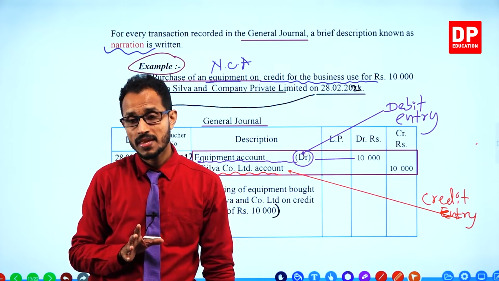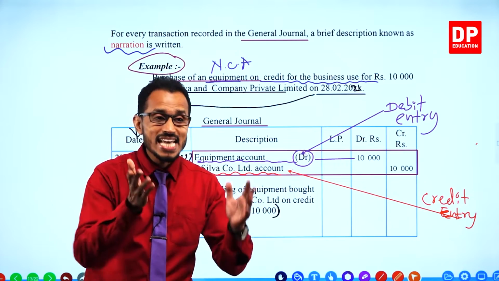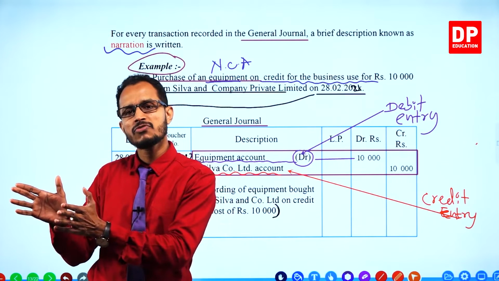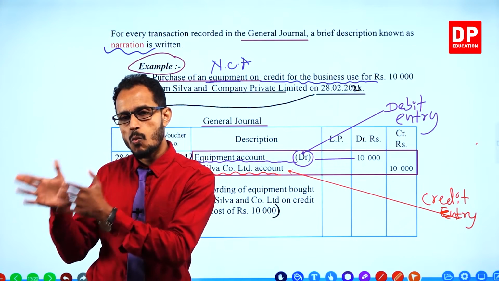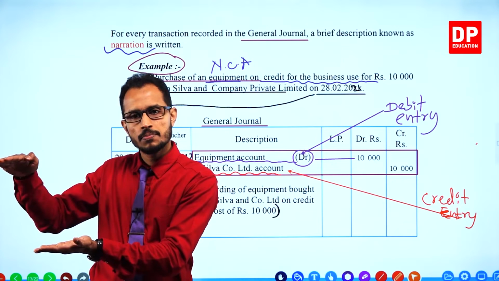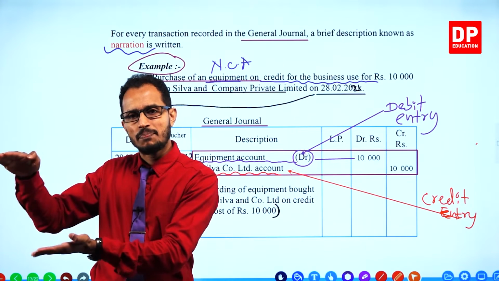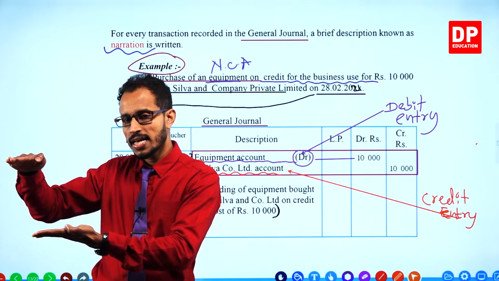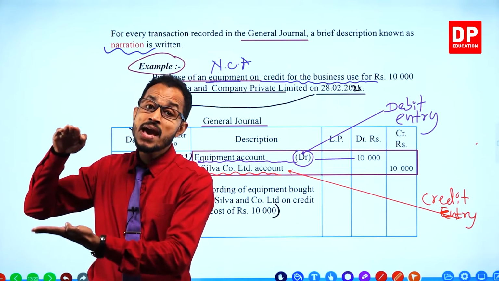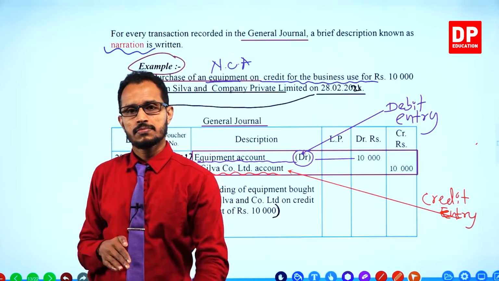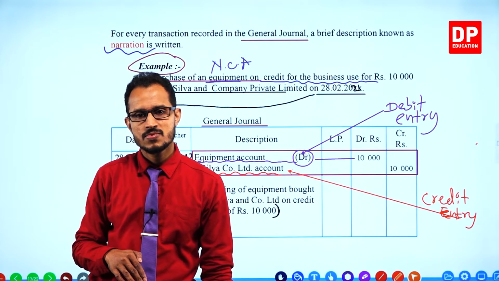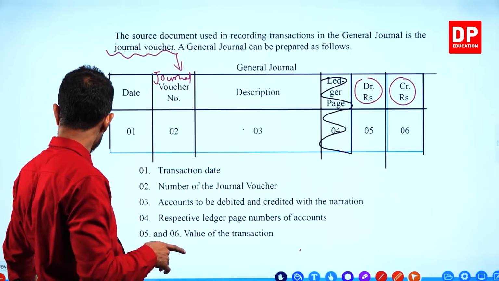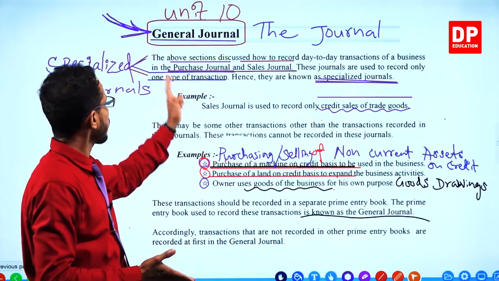Because it is important to segregate or categorize the same type of transactions in one place or in one book. Keeping records of the same type of transactions in the same book is immensely important. That is why for credit purchases, we keep a separate book called Purchases Journal.